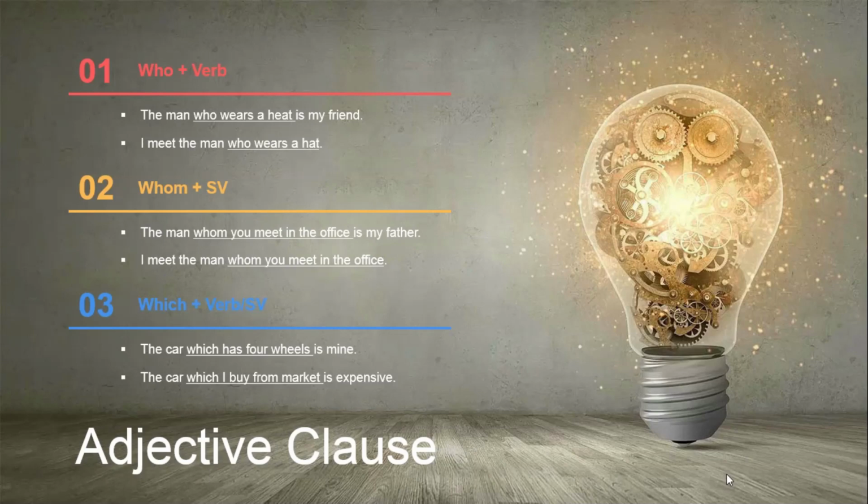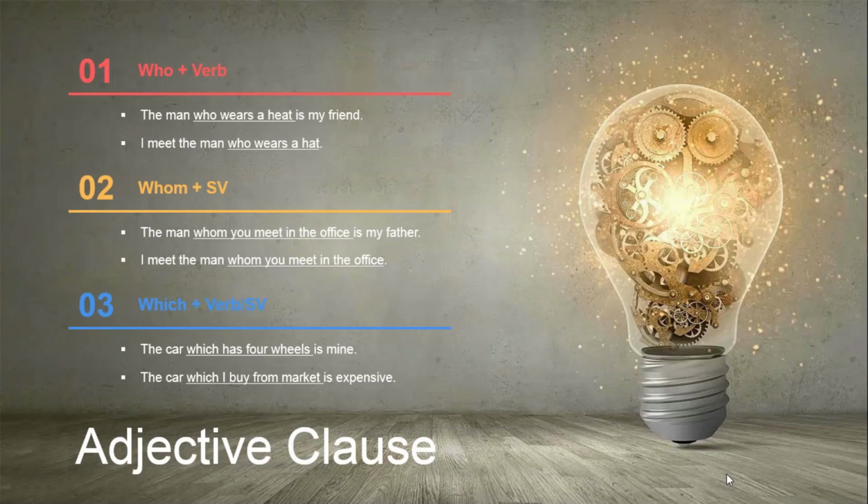This explains it. Then the question is, does an adjective clause always describe a subject? No, because an adjective clause can also describe an object. For example, "I meet the man" is already a complete sentence, and then I explain it with an adjective clause: the man who wears a hat.